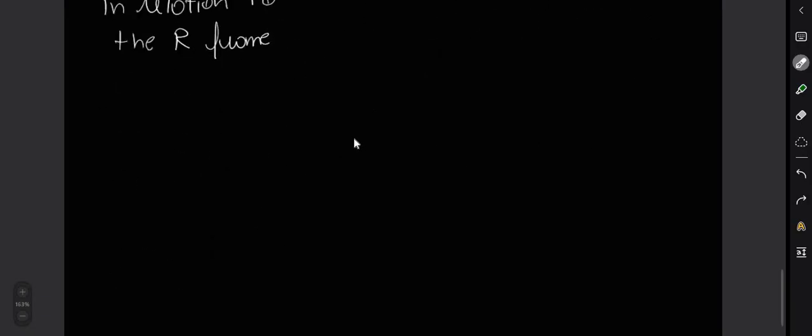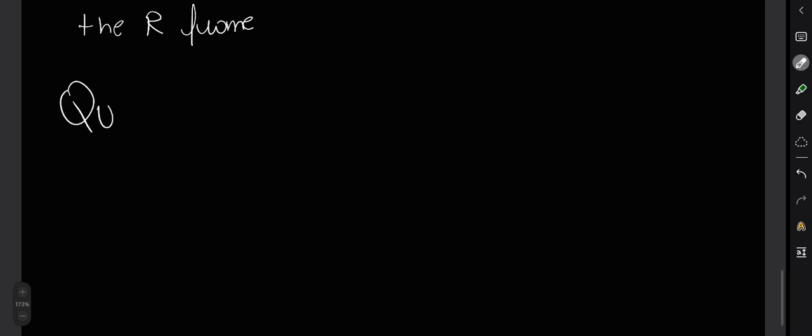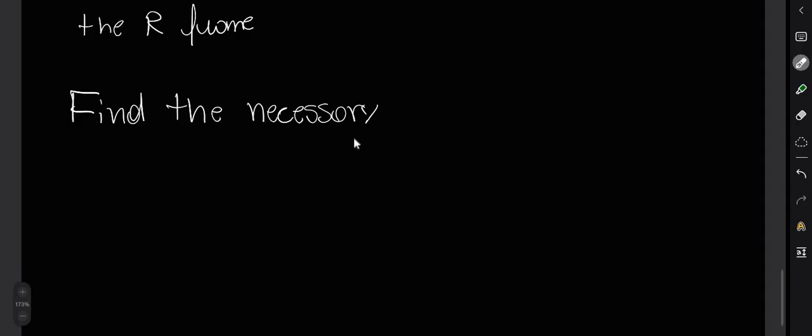And now let me write the question. The question asked us to find the necessary RPY angles and displacements.